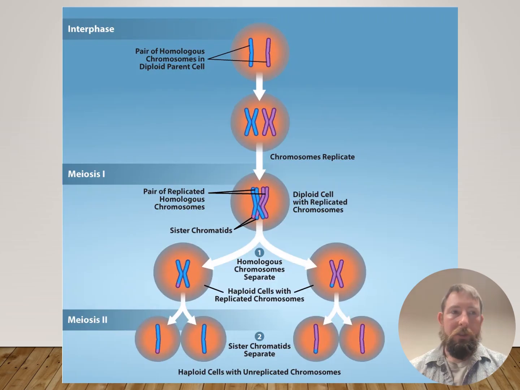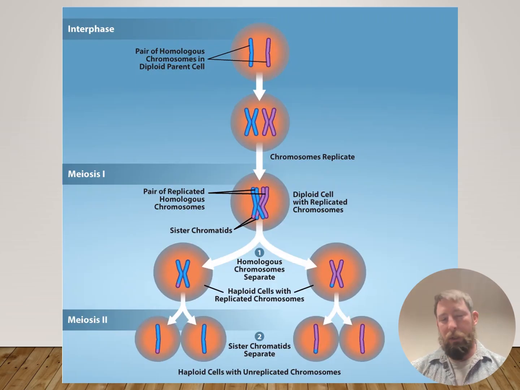Our main body cells have one chromosome from the mother and one chromosome from the father. These four gametes only have one chromosome. They have either the chromosome from the mother or the chromosome from the father.